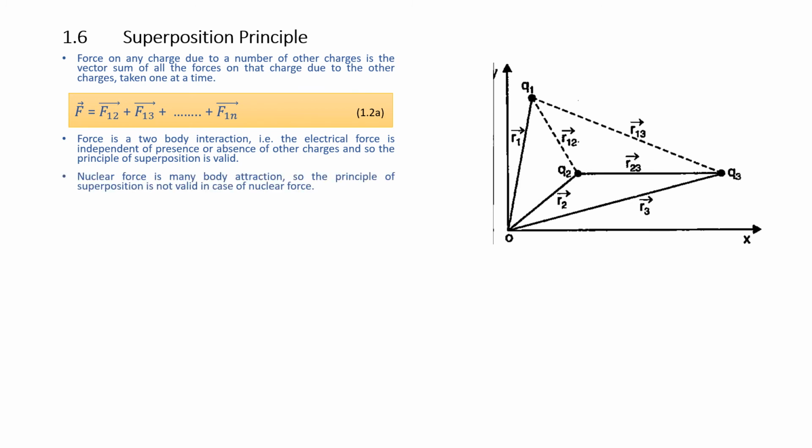Whereas nuclear force is a many-body attraction, the principle of superposition is not valid for nuclear force. We will study about nuclear force in chapter number 10, 11 and 12 of 12th standard physics.